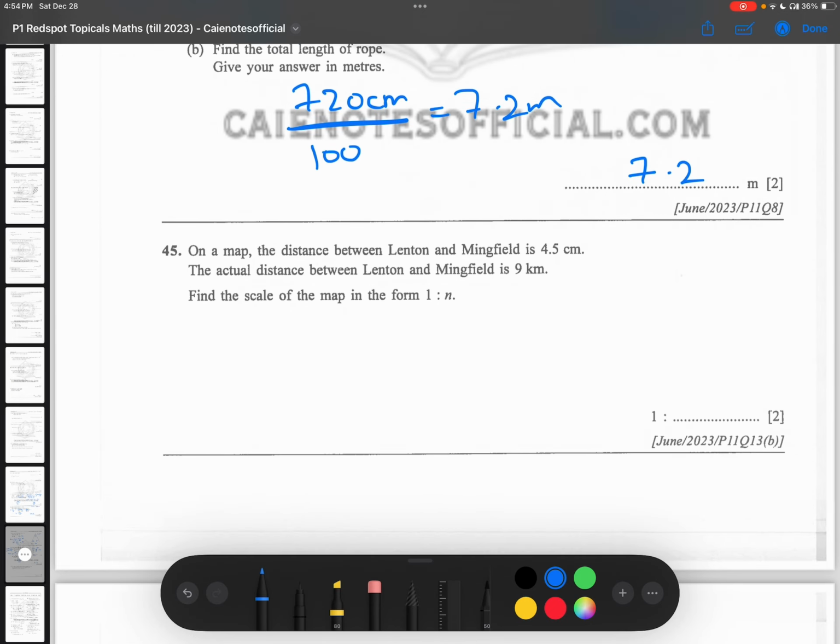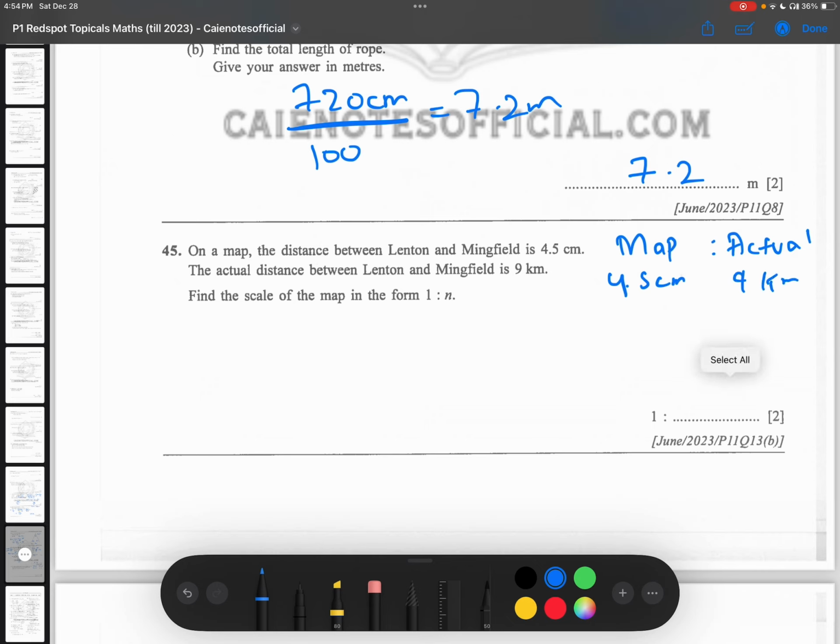On a map, the distance between Lantern and Mingfield is 4.5 centimeters. The actual distance between Lantern and Mingfield is 9 kilometers. Find the scale of the map in the form 1:n. So map distance is 4.5 centimeters. The actual distance is 9 kilometers.